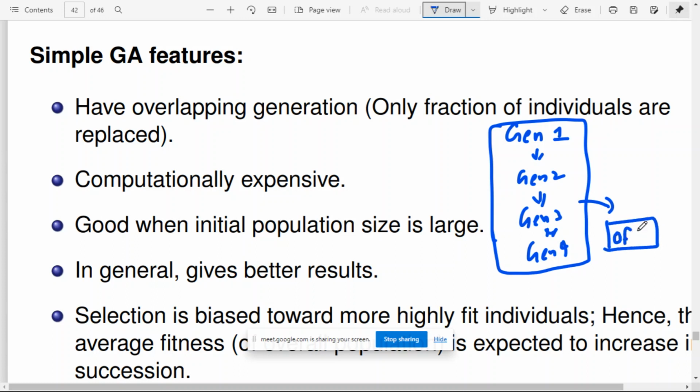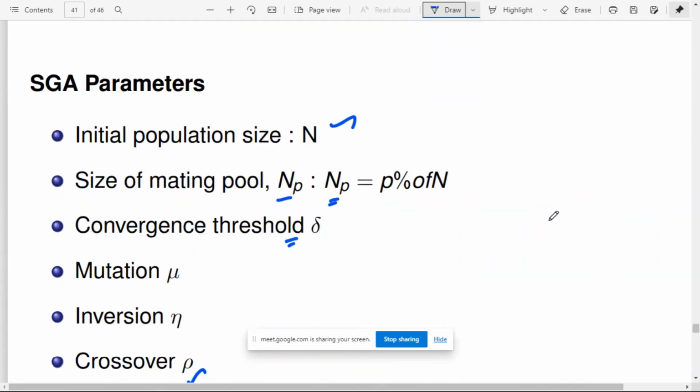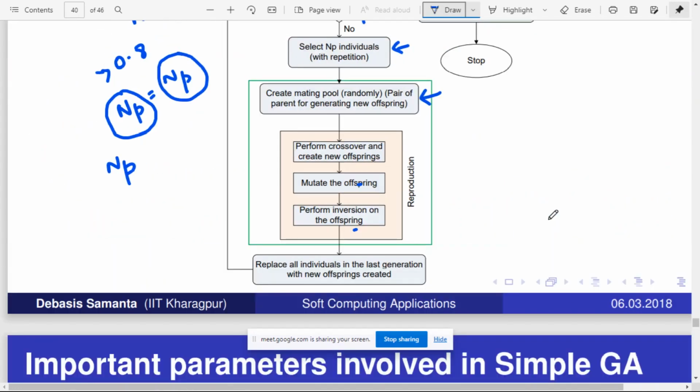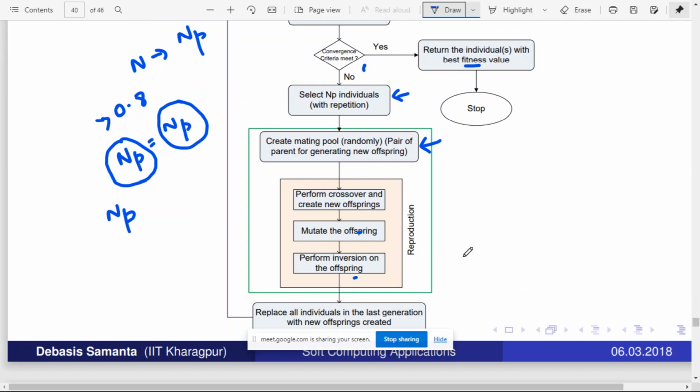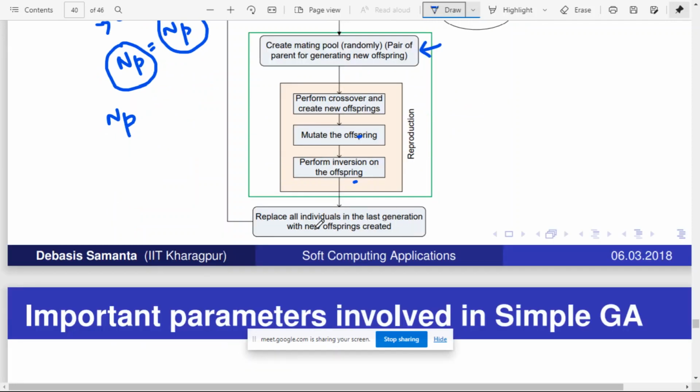Which generation will this new set of offsprings replace? If you recall from the flow chart, it won't replace the entire population; it will replace all individuals in the last generation with the new offsprings created.